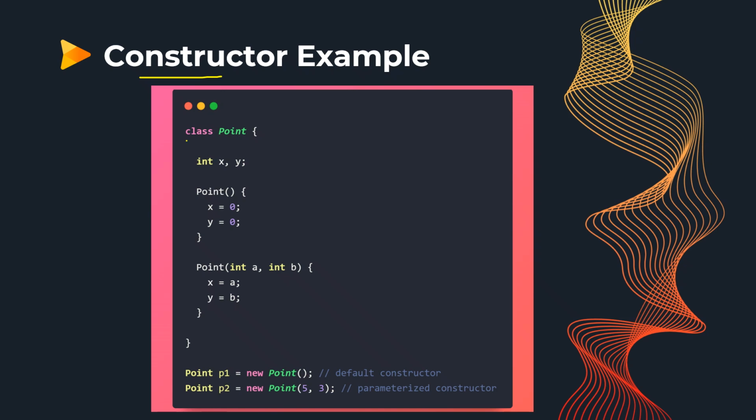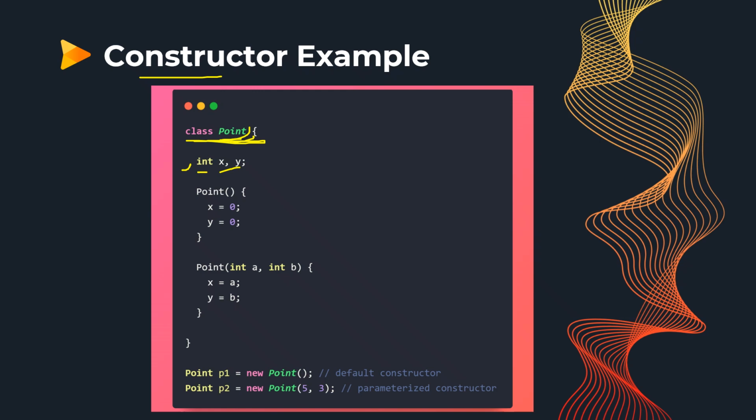Now we have created one class whose name is Point. As I have already told you, our constructor name is the same as our class name, so we are going to create a method whose name is Point, and this is known as a constructor. In our class Point we have given attributes x and y.